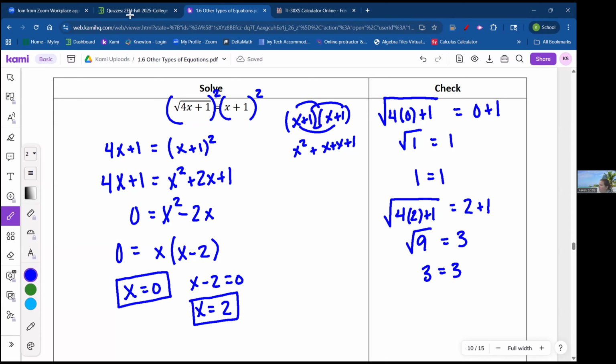Questions, comments, concerns? On tests, if we solve these questions using slightly different methods, will it mess with our credit for it? I mean, does it make mathematical sense? Let's assume it makes perfect mathematical sense. It's just not the same method. That's what I'm looking for.